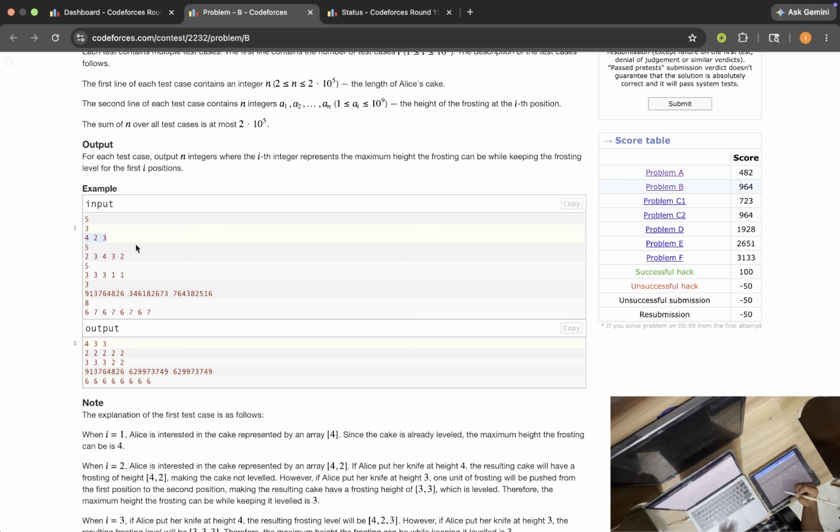Test case 2. She's serving the prefix. Yeah, 2 is the minimum range.